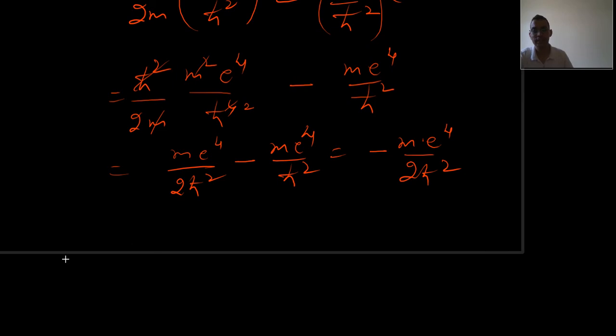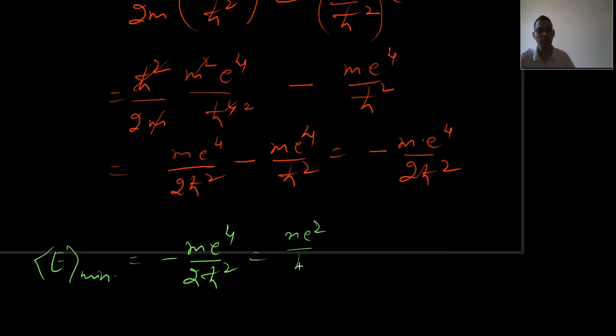So therefore, the minimum of energy is equal to minus me⁴ over 2ħ², or I can write it as minus me²/ħ² times e²/2. It can be written separately, and this me²/ħ² is equal to 1/a₀.